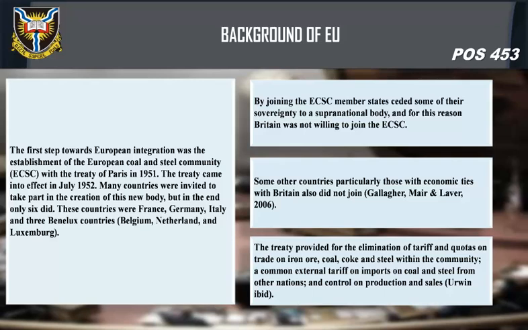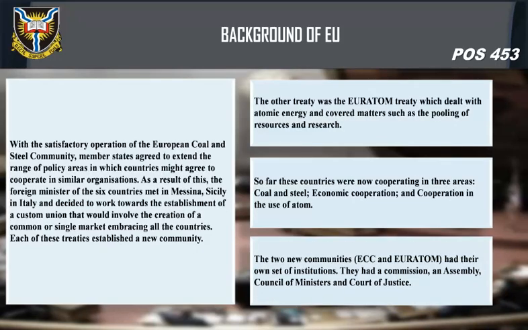The treaty provided for the elimination of tariffs and quotas on trade in iron ore, coal, coke and steel within the community, a common external tariff on imports of coal and steel from other nations, and control on production and sales. Owen. With the satisfactory operation of the European Coal and Steel Community, member states agreed to extend the range of policy areas in which countries might agree to cooperate in similar organizations.